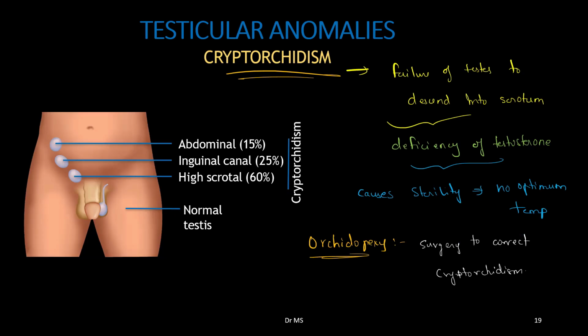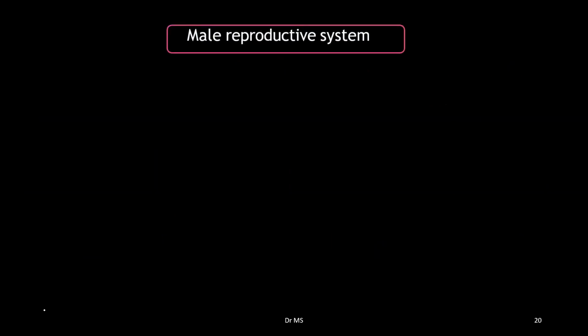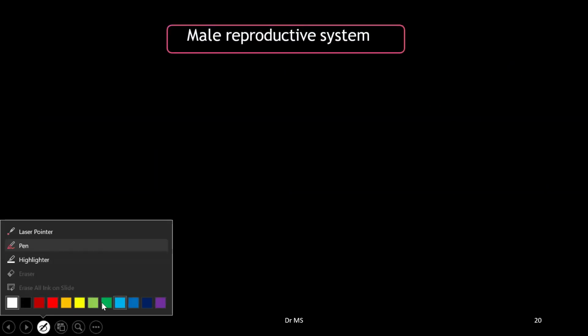So, the male reproductive system. If you say the male reproductive system, it is classified into three types. One is the male external genitalia. There is the male internal genitalia, and there are the accessory ducts and glands.